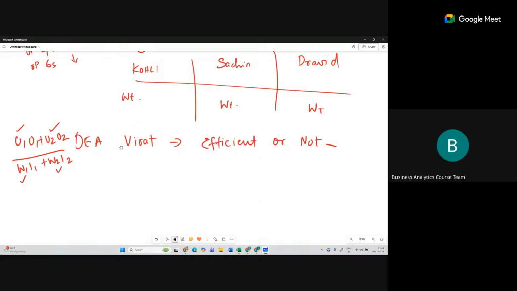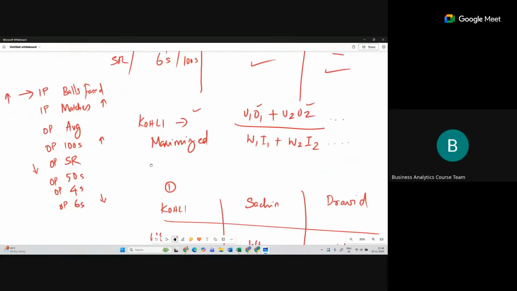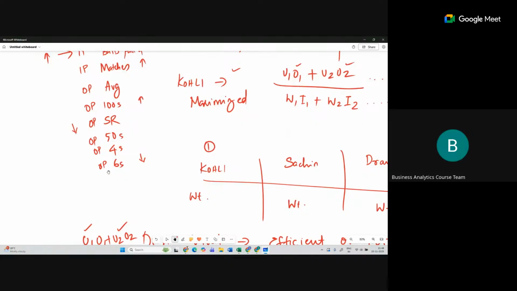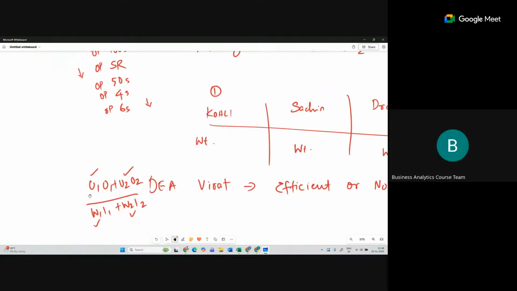So now first we will go step by step. Let us not complicate things. First we are solving the problem for Virat. And we will find the weights where Virat is maximizing his efficiency. We will take all the inputs and outputs. The only thing that varies is the weightage given to the output and the weightage given to the input.